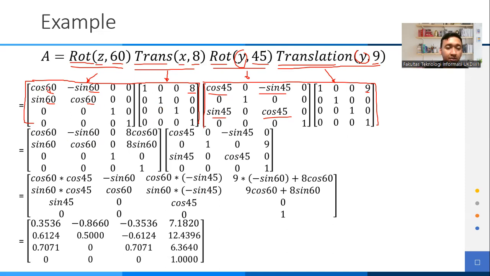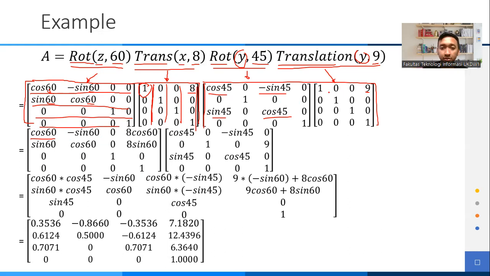Cos 60 multiplied by 1, cos 60. For multiplying matrices, row multiplied by column. Okay, row, column, and row, column here. And also the same with these two matrices.